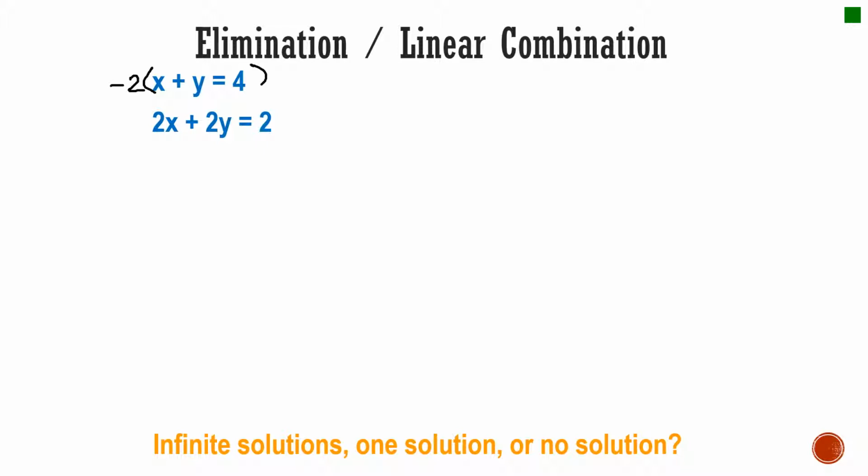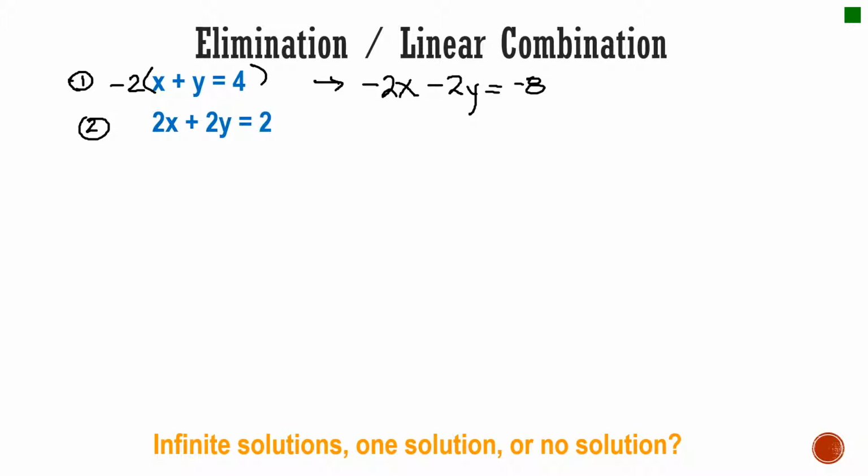So it needs to be a negative 2 so that those 2's can cancel. All right, let's go ahead and notice this time we don't have to do both equations because this one at the bottom, equation 2, already has 2x. Once we use distributive property, we end up with a negative 2x minus 2y equals a negative 8.